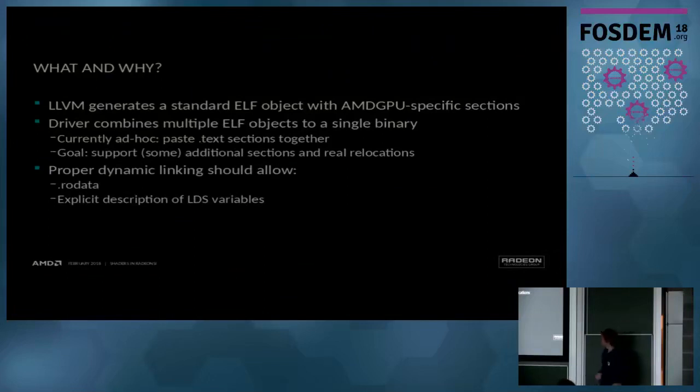The main motivation is that doing so would allow us to have a better treatment of read-only data. So right now, if you have a constant in your shader, like just a scalar value, then it will become an immediate as part of the instruction stream, like on x86. On x86, you have instructions with immediate constants, and the same on our GPUs. But if you have a larger constant structure, so maybe some hard-coded lookup table that the shader uses, then in a normal program on a CPU, that would land in the read-only data section.